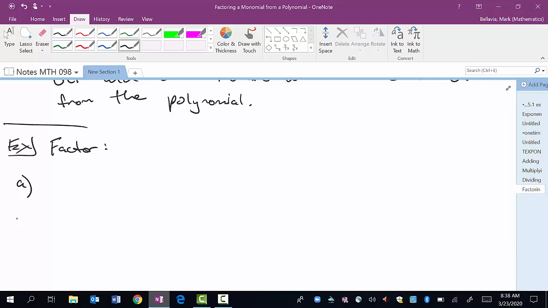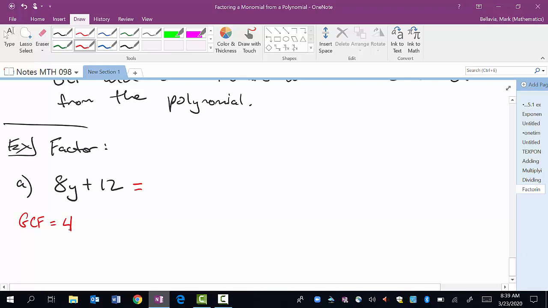And I'll start with 8y plus 12. So, first thing we look for when we factor, we want a GCF, a greatest common factor. Comparing 8 and 12, we want the largest number that is a factor of both. So for 8 and 12, the GCF will be 4.